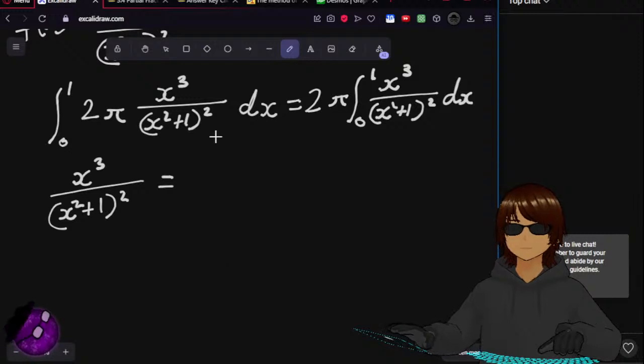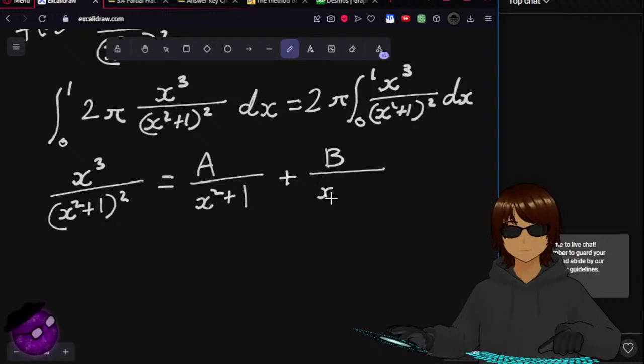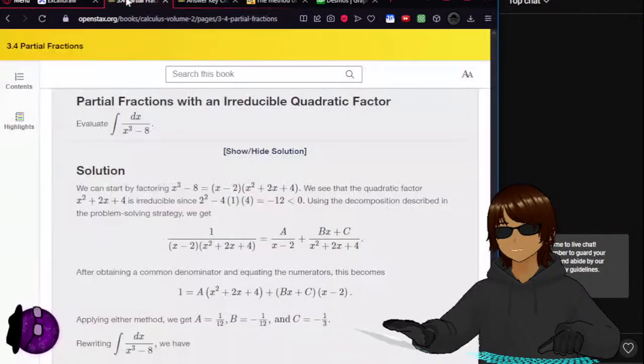I think I can write this as like that. I don't know if this is right.